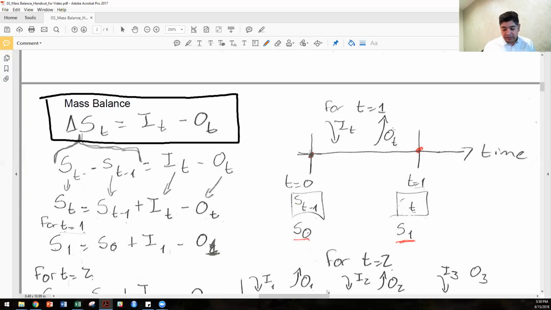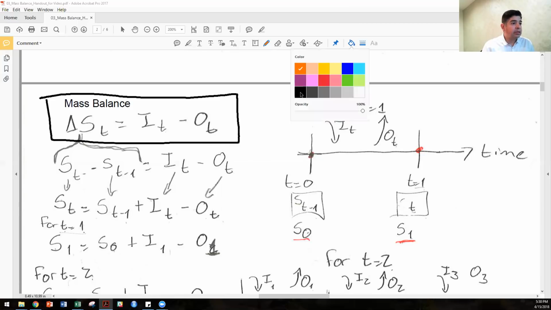At the end of that first year, first minute, whatever we're using as the unit of time, the final storage will be how much water we started with, how much water we poured in, and how much water we extracted out.